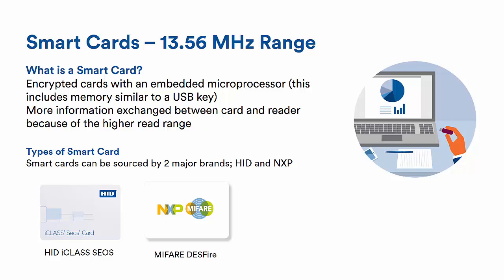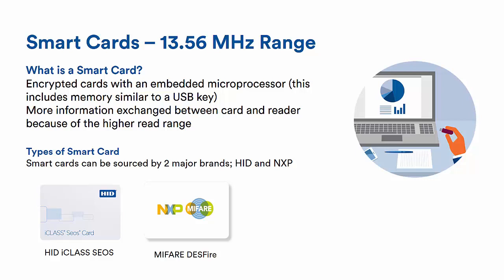Your customers may also ask which to choose, whether they should go with HID or MIFARE DESFire, which is manufactured by a company called NXP. To help give them a balanced response, just note that HID iCLASS SE has a high adoption in the Americas and uses proprietary encryption keys between the card and reader that is managed by HID.